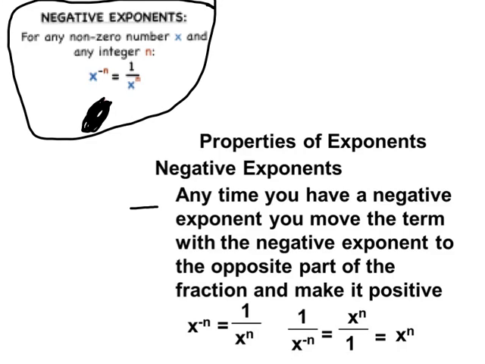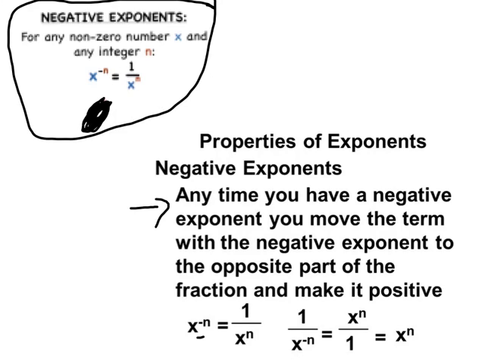Anytime you have a negative exponent, you move the term with the negative exponent to the opposite part of the fraction, and voila, it makes it positive. So if it is negative here and you put that under a 1, then it's going to make it positive.